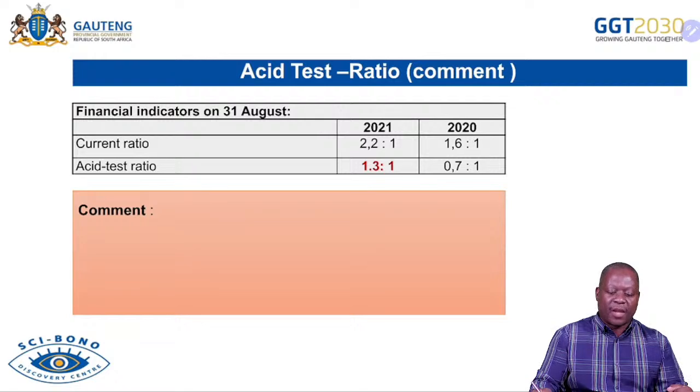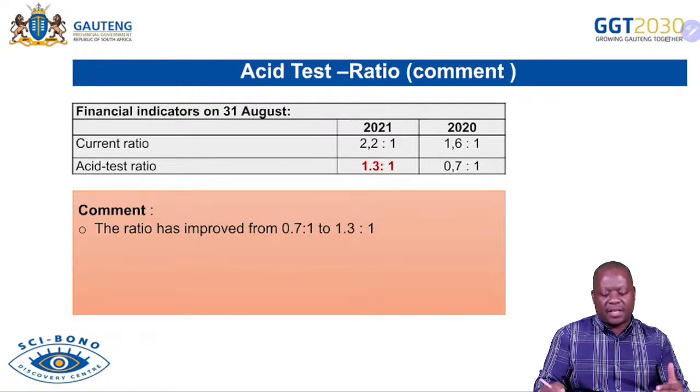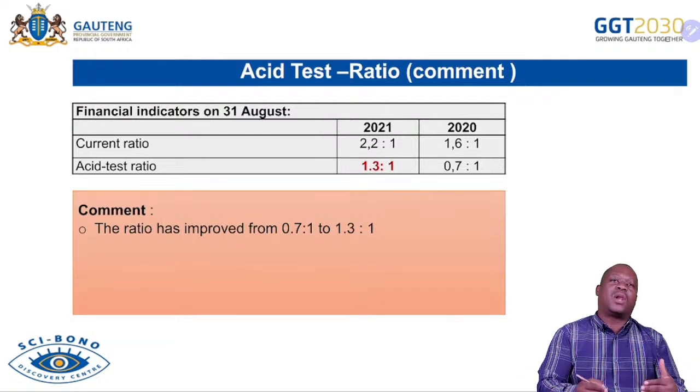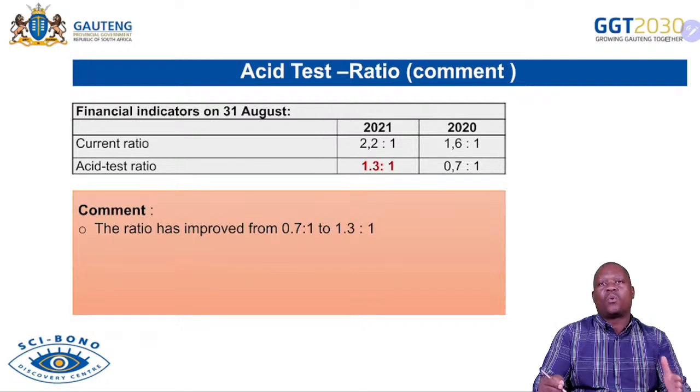liabilities. Now, please look into how we can comment on this change. We can simply say our acid test ratio had improved from 0.7 to 1 to 1.3 to 1.